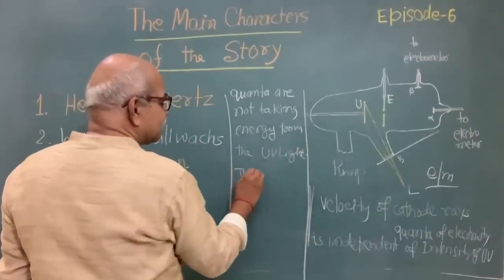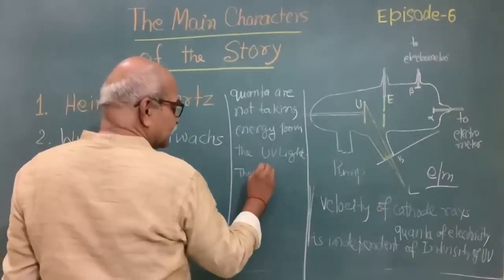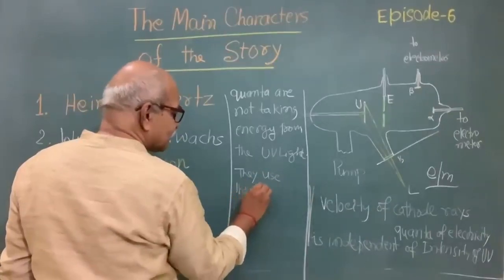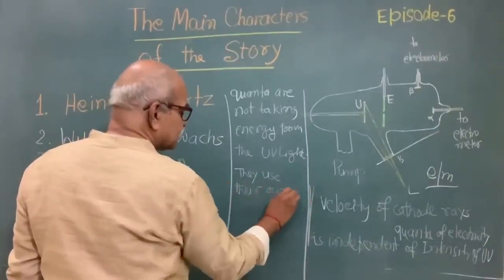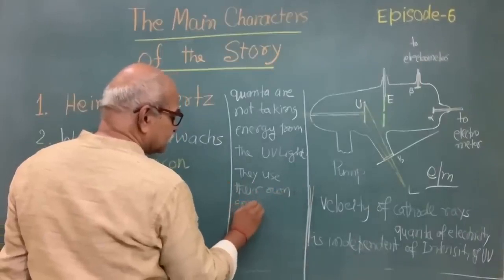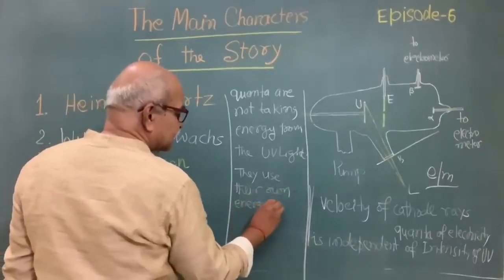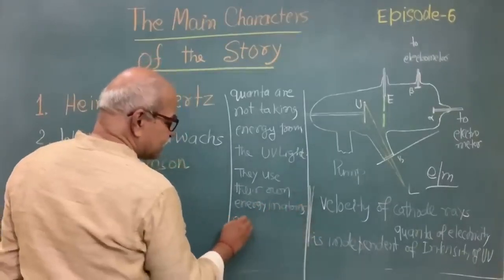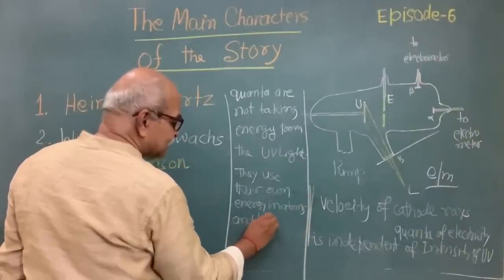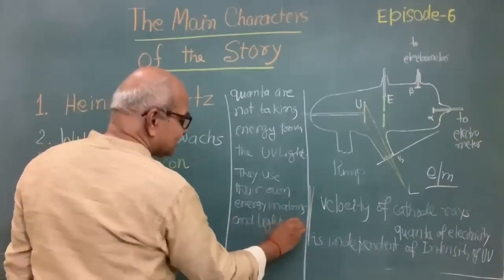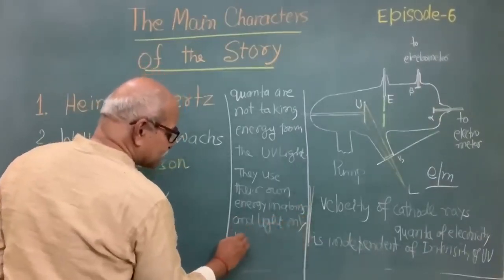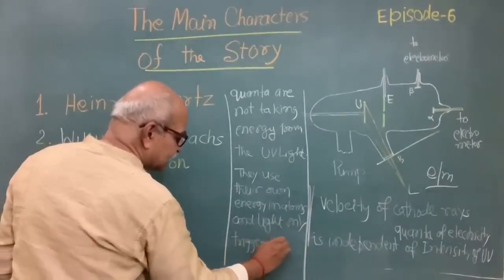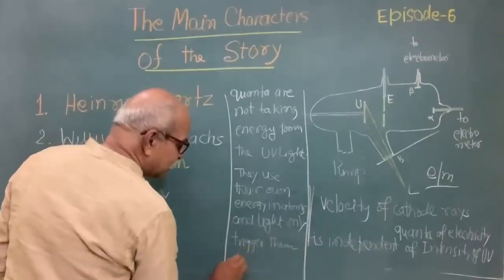They already have the energy, or they use their own energy in the atoms or molecules, and light only triggers them to escape.